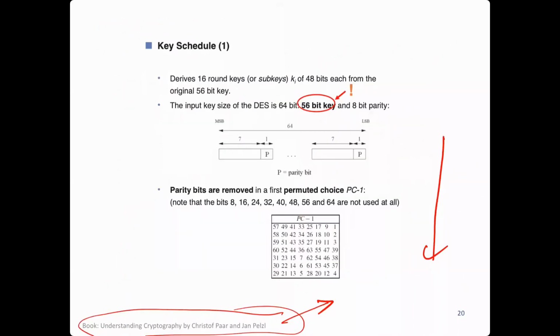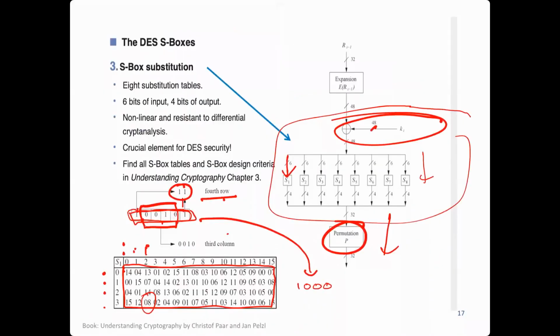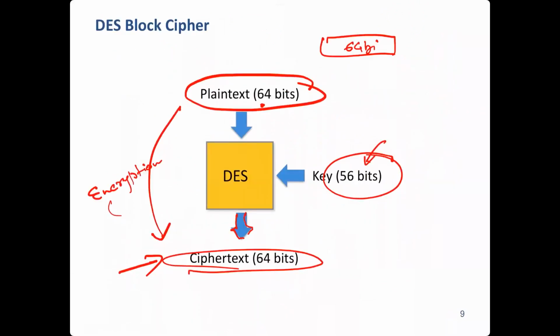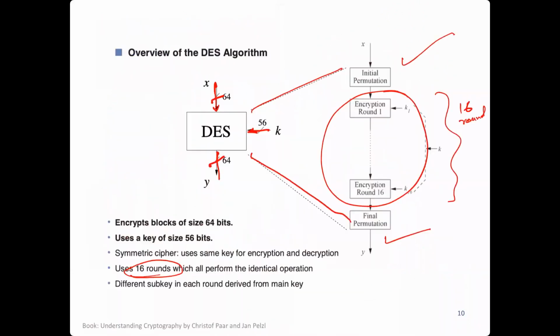But there are two important things. The first is, as we discussed earlier, we are doing confusion by the substitution method. And the second is basically spreading the bits out. What's the word we use for that? Diffusion.